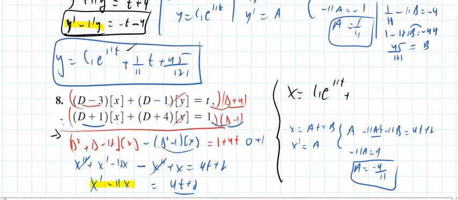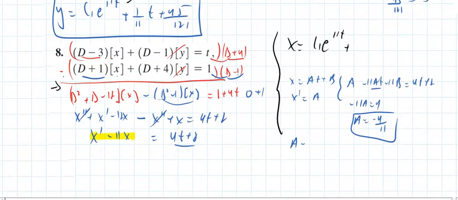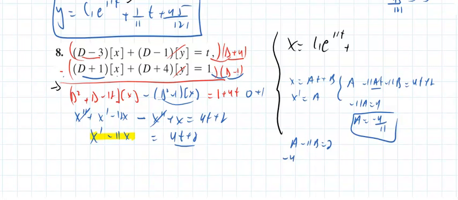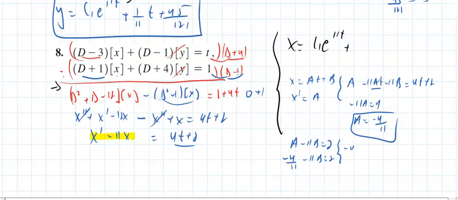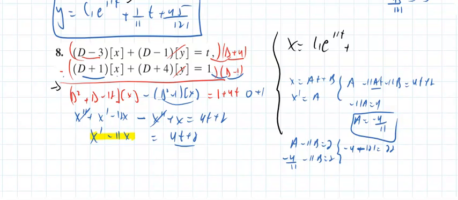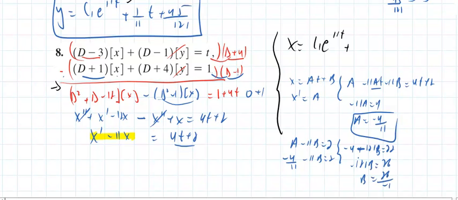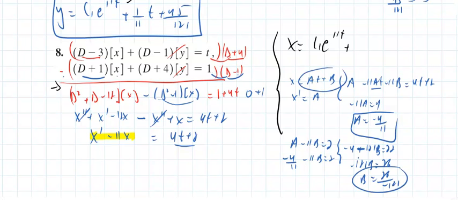And if I go to the a minus 11b must equal 2, so negative 4 over 11 minus 11b equals 2, so that would mean negative 4 minus 121b equals 22. So negative 121b equals 26. b is 26 divided by negative 121.